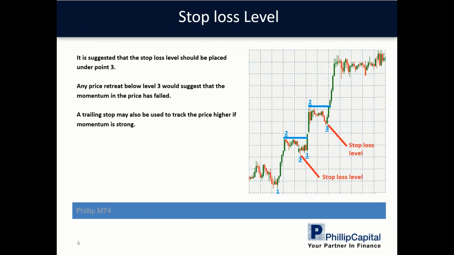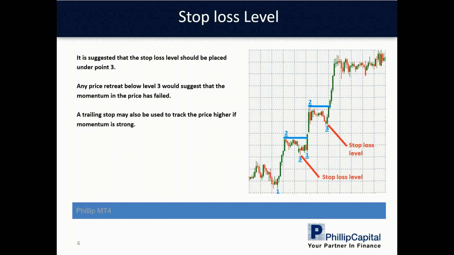So looking at the stop loss level, now that we're entered into a long position above level 2 with strong price momentum to the upside, what we want to do is place a stop loss order. So what we do here is we would place the stop loss at level 3 or just below.